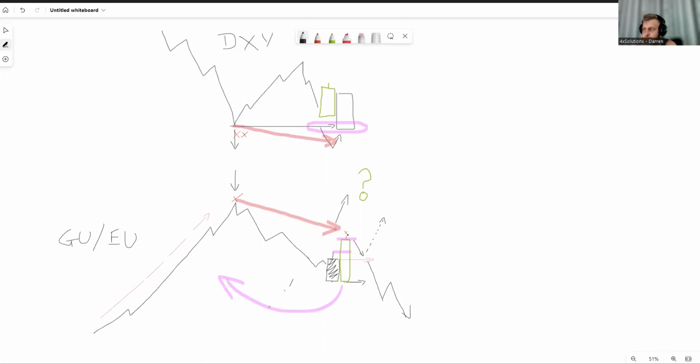So while the other ICT traders or the ICT wannabes or the guys who are not really understanding the full scope of ICT, they are the ones trying to buy this bullish order block here. We, on the other hand, understand that yes, it looks like a bullish order block, but it's not.